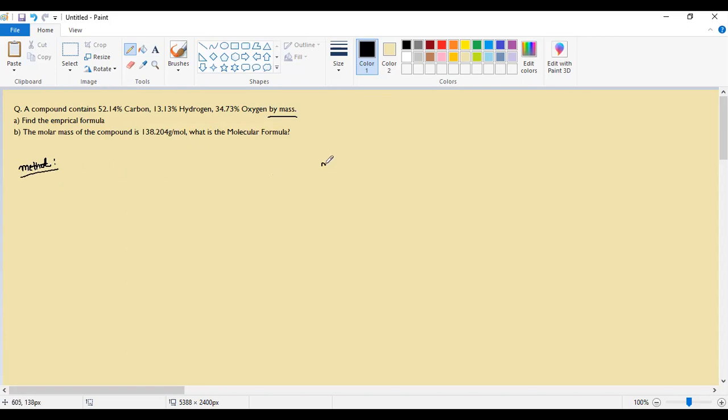There are 2 methods, and I'm going to explain why each of those methods actually works. So the first method is, of course, solving part A in this case, finding the empirical formula.